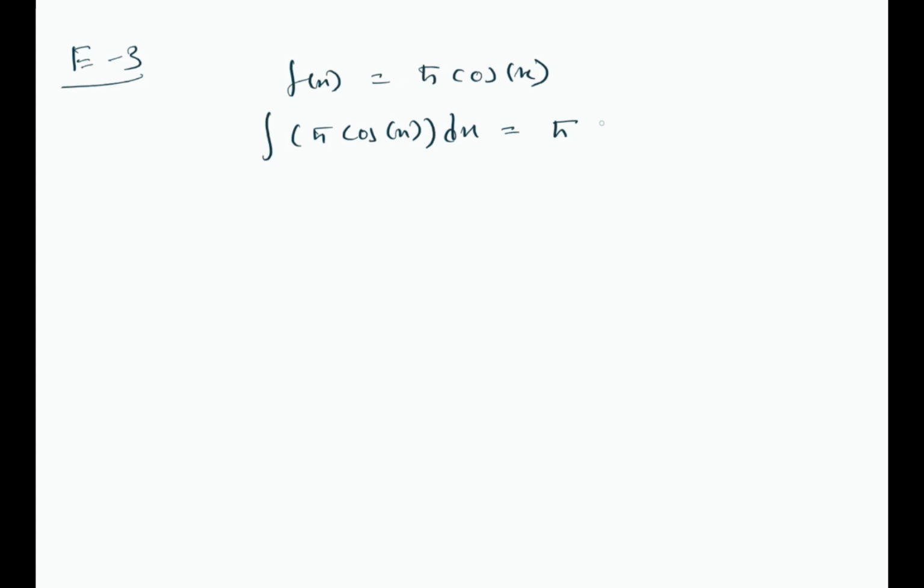Example 3. For example 3, we have a function f of x equal to 5 times cos of x. So the integral of this function, 5 times cos of x, we can rewrite again as 5 times the integral of cos of x dx. We can put a bracket to separate the 5 from the integration.